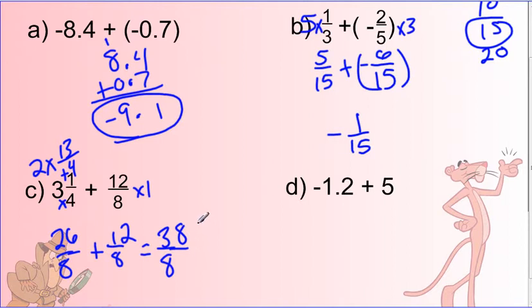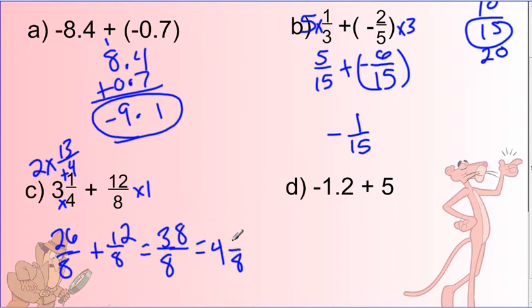We can't leave it like this because it's an improper fraction. So we change it back into a mixed number. 8 divides into 38 4 times, because 8 times 4 is 32.